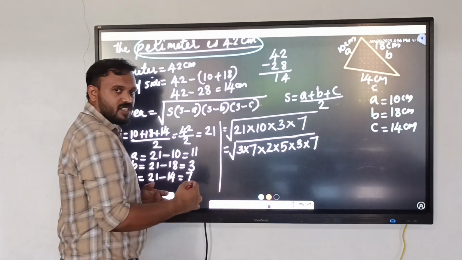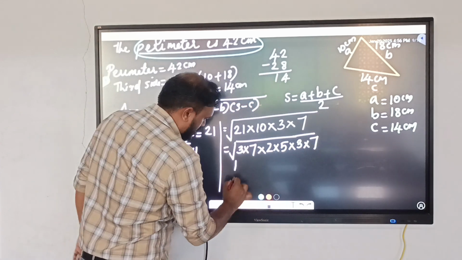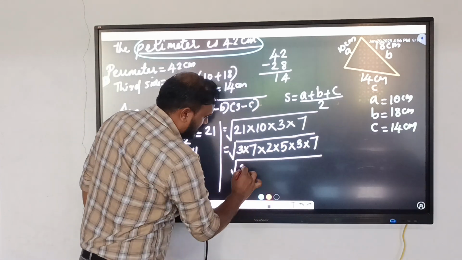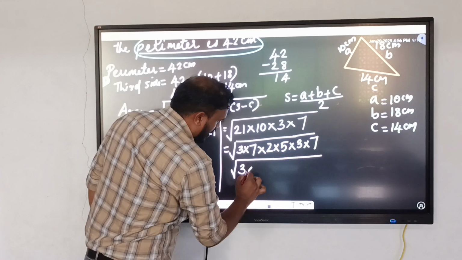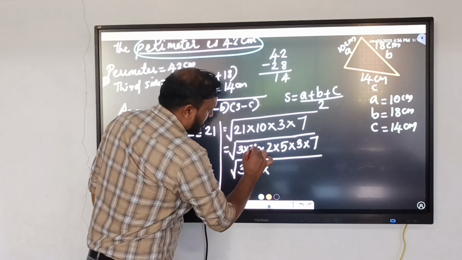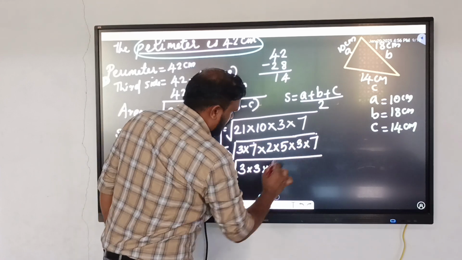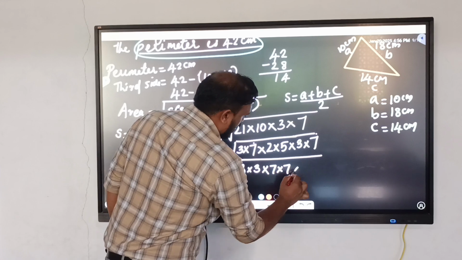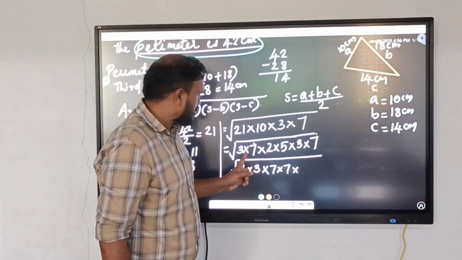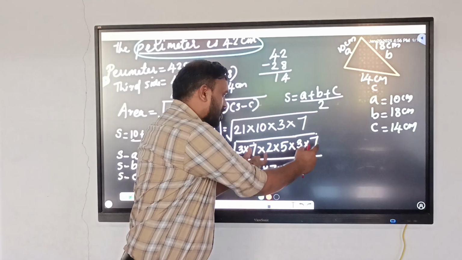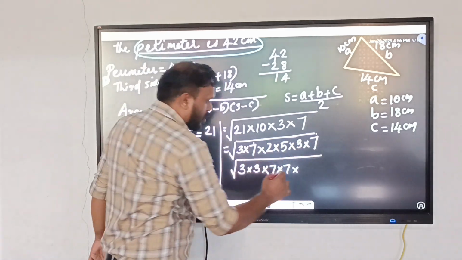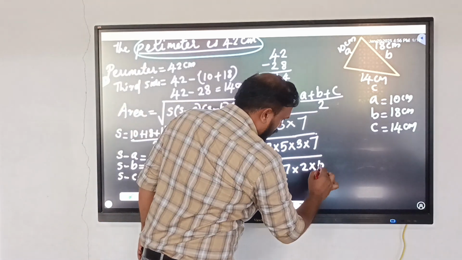So let us rearrange to make the same pairs. Here 3 is there, this 3 and this 3 we can write together. And here 7 is there, here also 7 is there, we can write them also together. We have already written 3 together, 7 also, but that 2 and 5 don't have pairs.